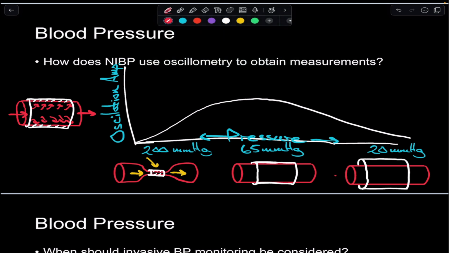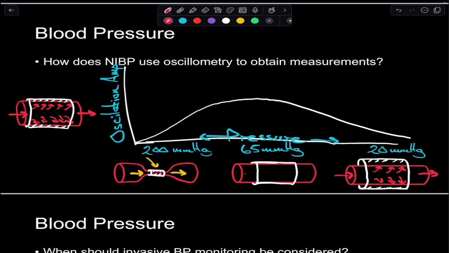On the other end of the spectrum, when the cuff begins to deflate, you still have blood passing through the artery, but the sensors on the walls of the cuff are not in as close contact with the blood flowing through the artery. So they also sense oscillations caused by the pulse, but to a lesser degree.